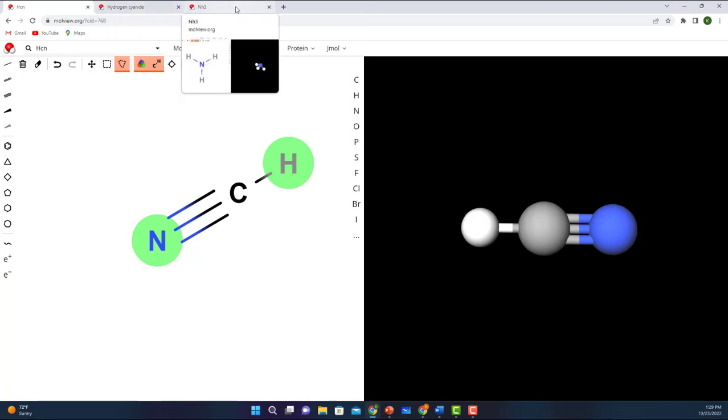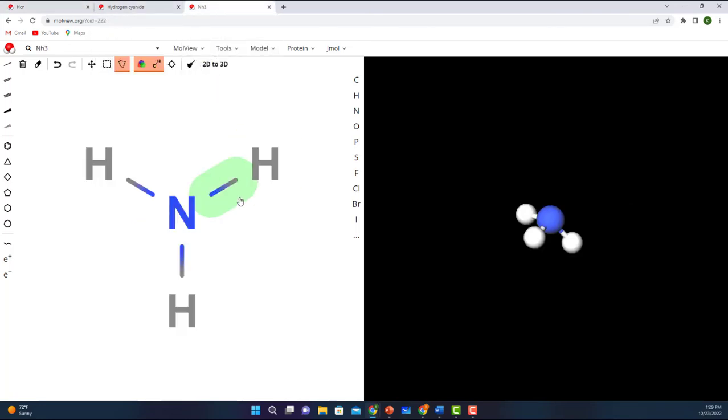We can move it around and see all the different sides of it. Another one, here was another one of our last examples, was NH3. Now this is a little deceiving because this would appear that the steric number is 3 for NH3, but we know that nitrogen has a lone pair of electrons up here. So you have to be careful because if there are lone pairs, this doesn't show the electron aspect of it.